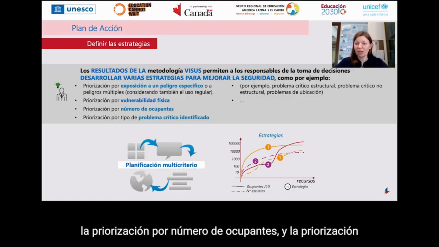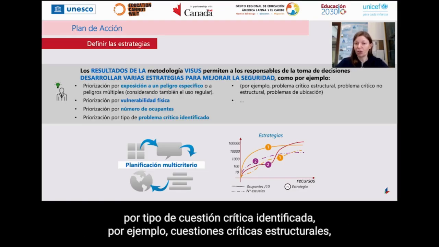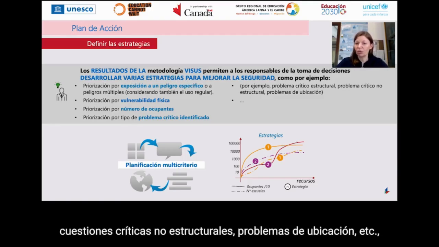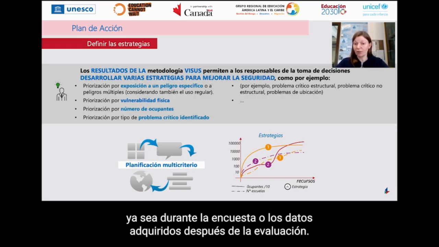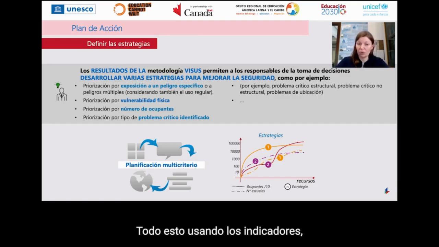The prioritization by type of critical issue defined, for example, structural critical issues, non-structural critical issues, problems of location, and so on, or a combination of these criteria or other criteria depending on the data acquired either during the survey or the data created after the evaluation, so using the indicators.